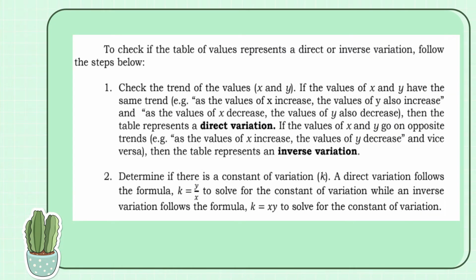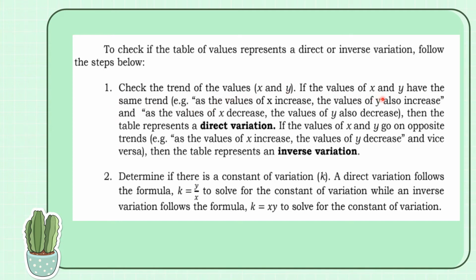We also have here how to check if the table of values represents a direct or an inverse variation. It follows different steps. First, you need to check the trend of the values of x and y.